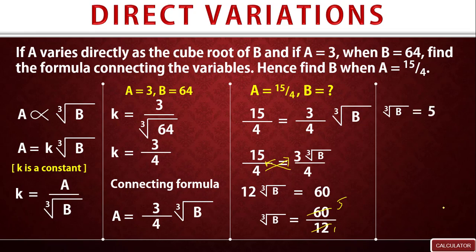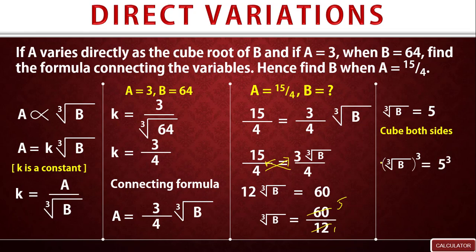Having gotten that cube root of b equals 5, since we are to determine the value of b, we need to cancel out this cube root. To cancel out the cube root, all we need to do is cube both sides. Then we're going to cube the left hand side and the right hand side. So we now have cube root of b raised to power 3 equals 5 raised to power 3.